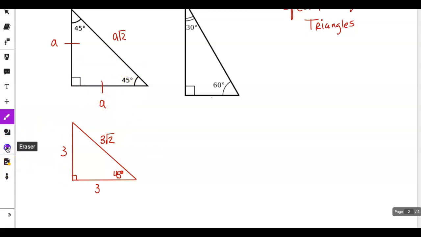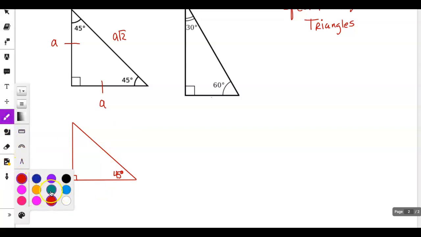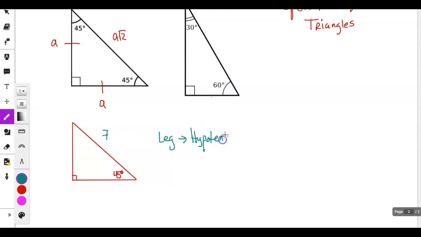Now, it gets a little more confusing if they give you the hypotenuse and you have to go backwards. Let's say this hypotenuse was 7 and they wanted you to find the legs. If you want to go from the leg to the hypotenuse, you take the leg and multiply by the square root of 2, and that gives you the hypotenuse.